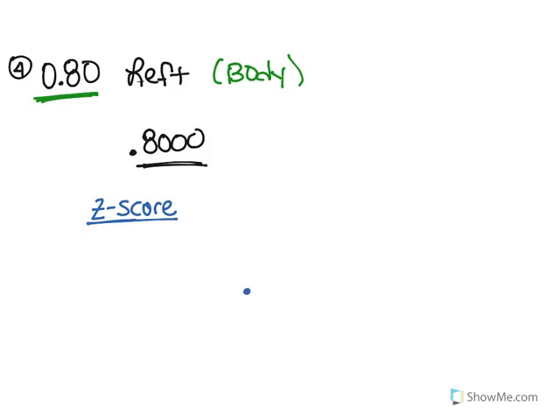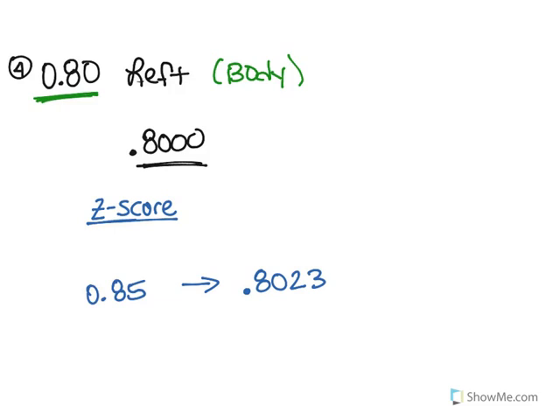The first number I see is 0.8023. That's the first number for the 8,000s, and that z-score goes with 0.85.